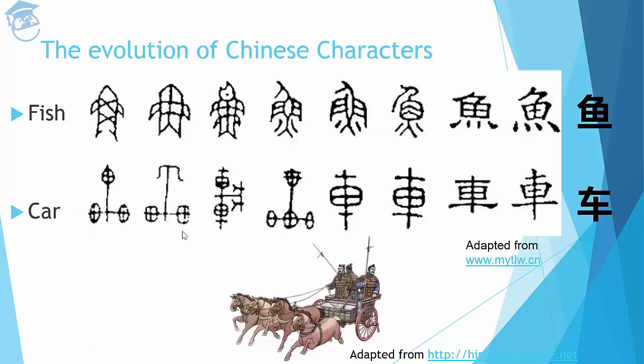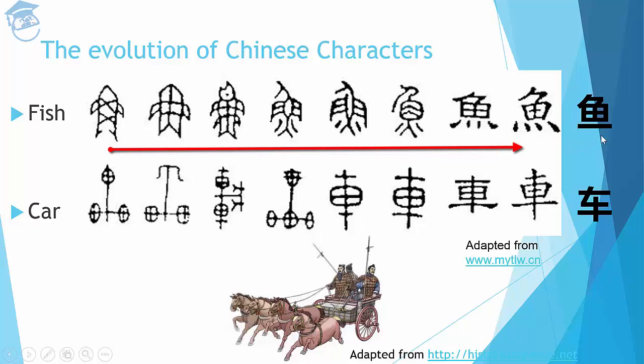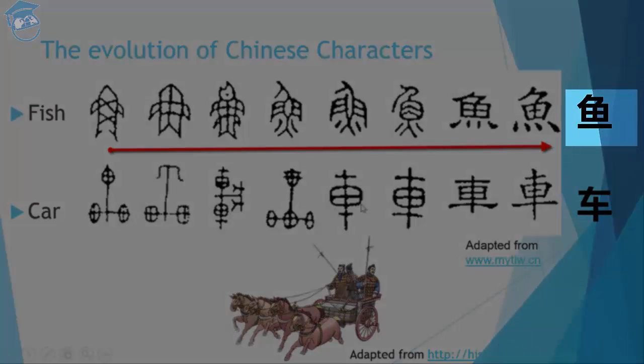So how did we get to the character system we have today? The diagram here shows how. When our ancestors wanted to indicate fish, they drew something like this. And then slowly it changes until today it becomes a simplified character like this.